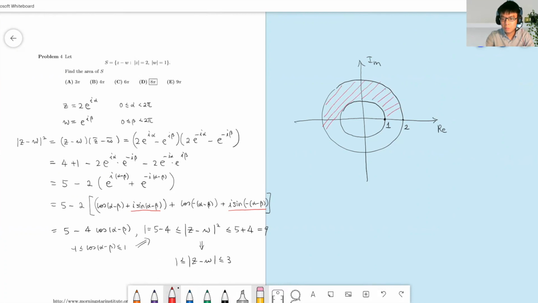This is the set S. So the area is pi. Okay, I made a mistake. Here it should be 3. So pi times 3 squared minus pi times 1 squared. So it's basically 8 pi. The total area is 8 pi.